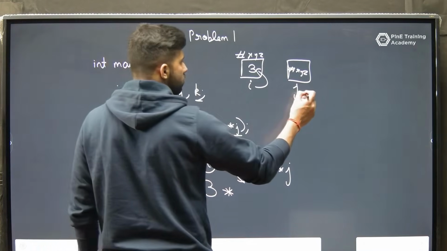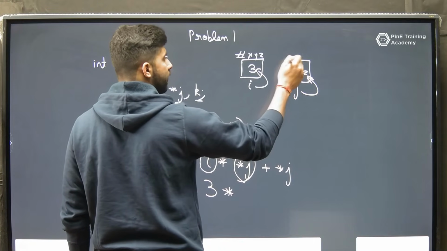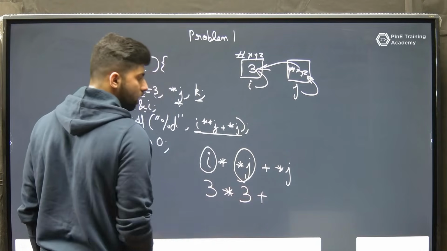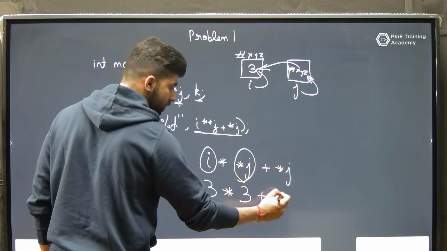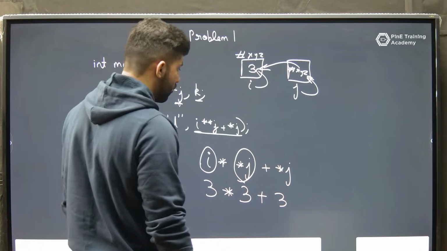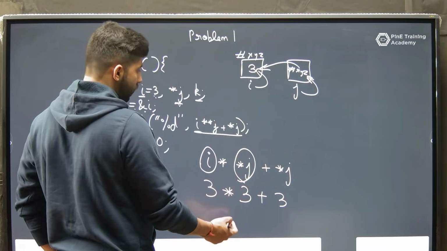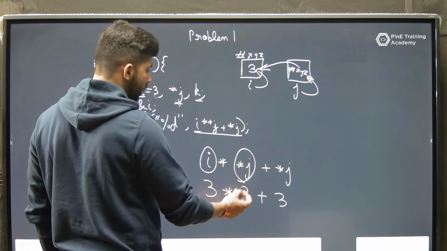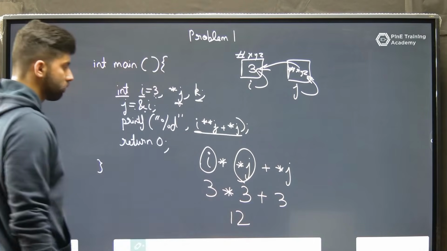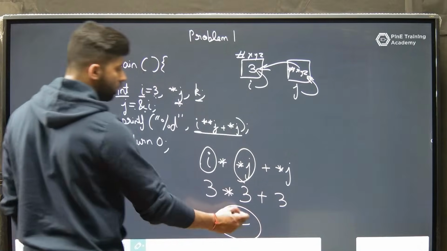So j has an address xyz, and what is the value at xyz, which is 3. Again we are using asterisk j, which is 3. So 3 3s are 9 and 9 plus 3 is 12. So this will give you the output 12.